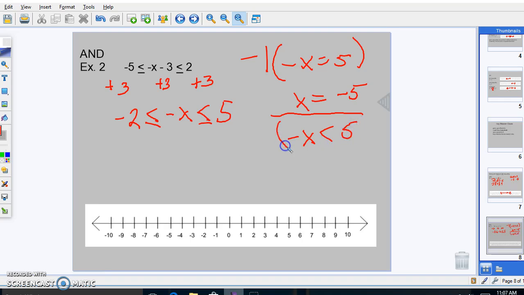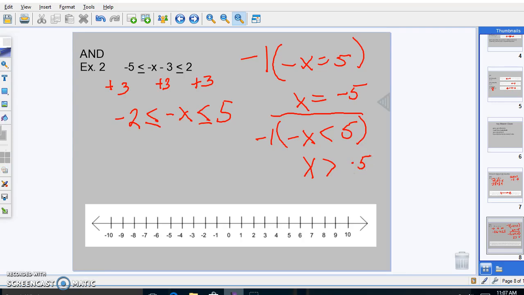You would have to multiply or divide everything by negative 1. And any time I multiply or divide by a negative, it flips my inequality. So my inequality shows less than, I have to flip it to greater than. That negative x is now just positive x, and that 5 is negative 5. So you can see how the inequality also flips.